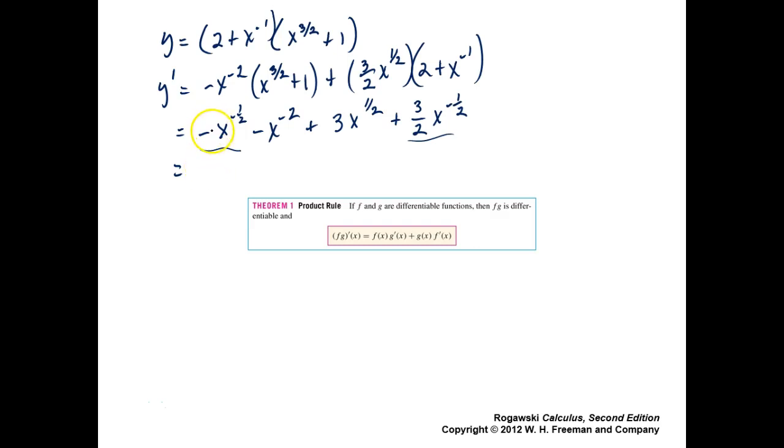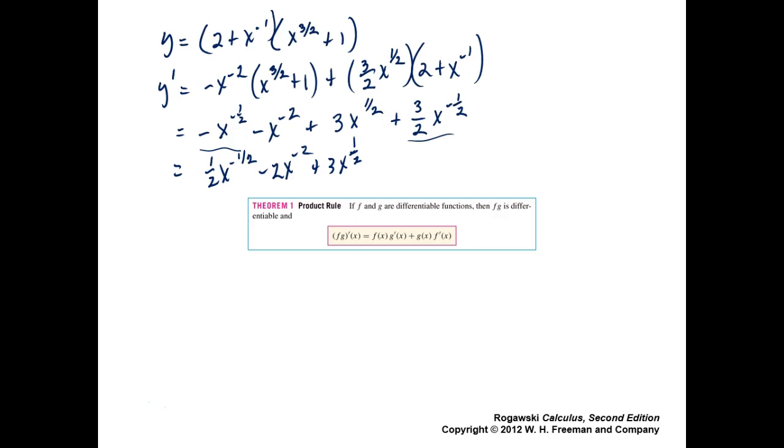This is 1/2, yes, 1/2 x to the negative 1/2, right? Minus 2 x to the minus 2 plus 3 x to the 1/2. Right? That's the answer I hope they got.